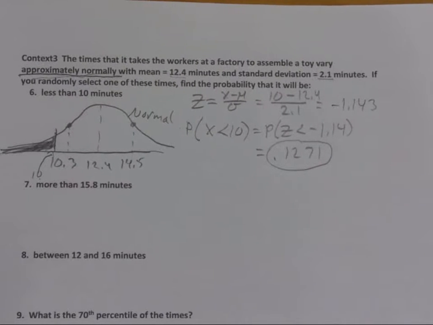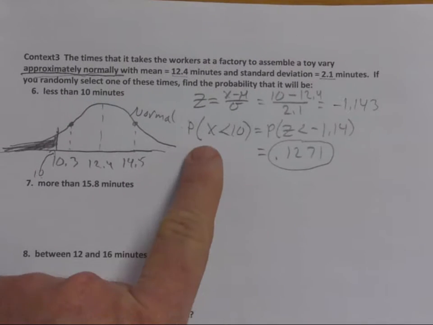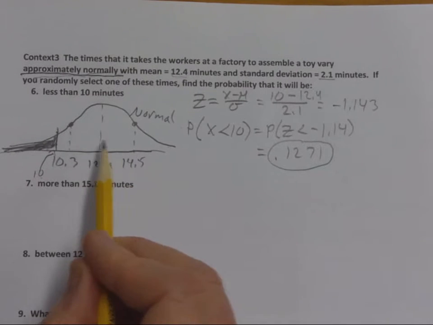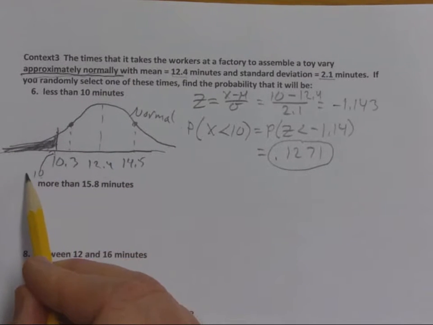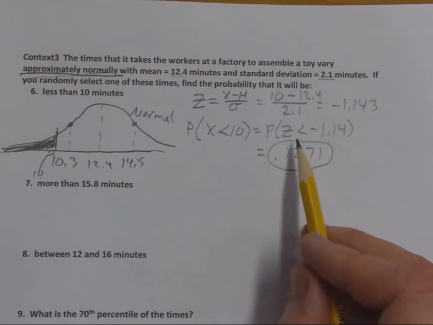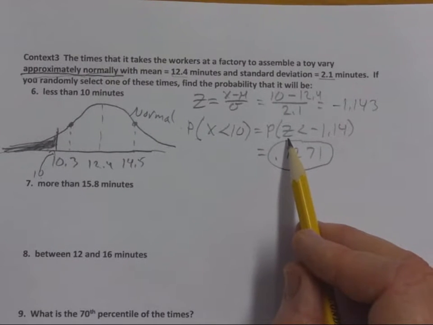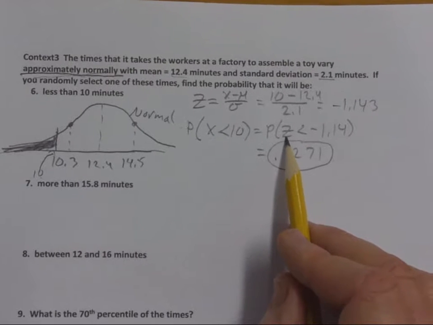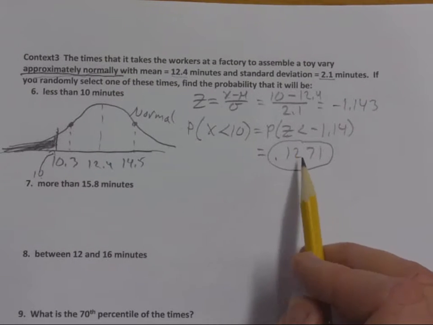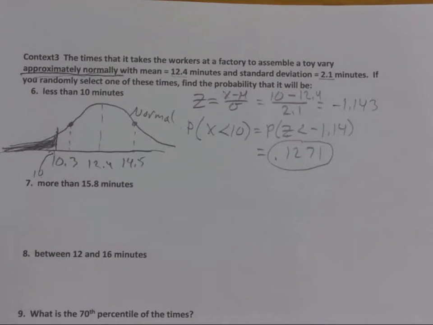But so there you go. And so this is saying if you were to randomly select one of these times, what's the probability it would be less than 10? Well, you standardize the value, as we call it. You find the z-score, in other words, the number of standard deviations your value is from the mean, and then you use the table, okay?